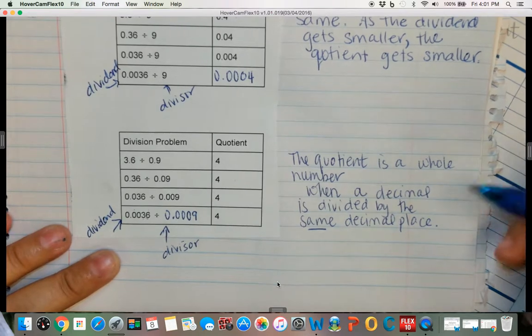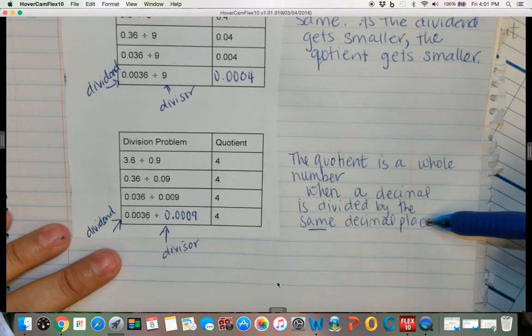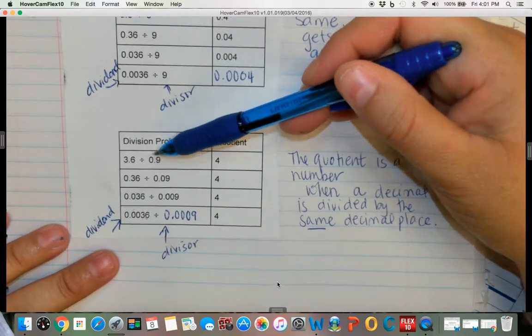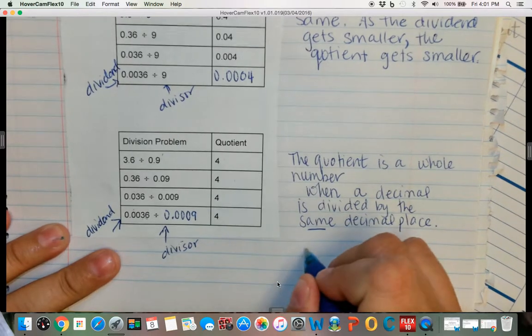And I don't know if that makes a lot of sense when we read it, but it makes sense when we look at it, right? A tenth divided by a tenth. So here, I'll write that.